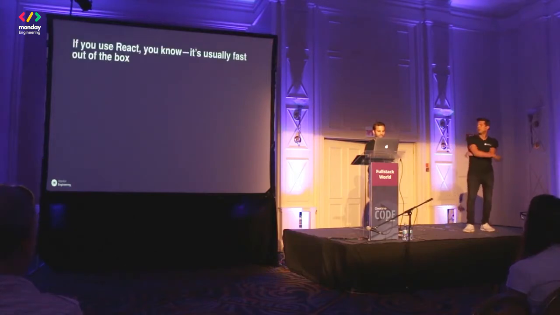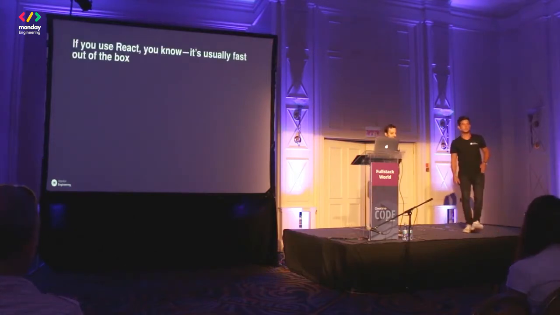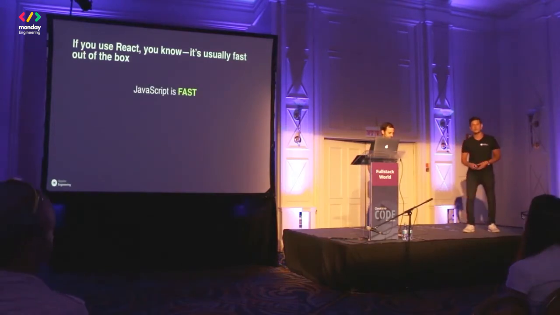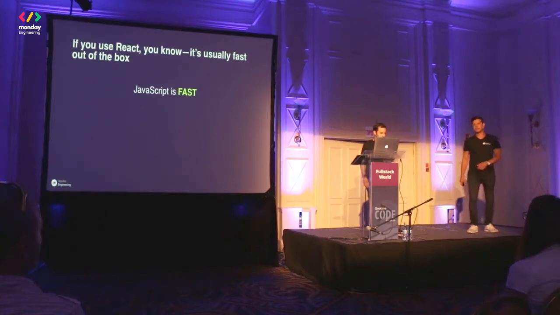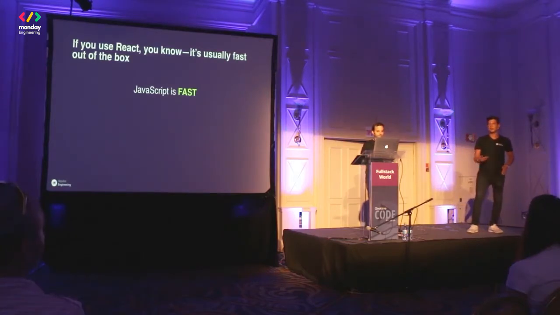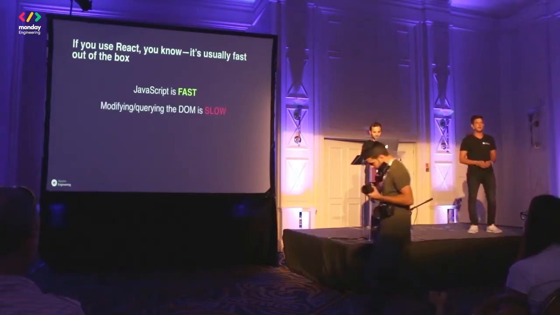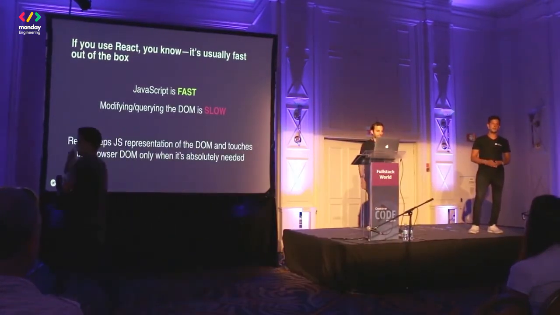Those of you who have experience using React probably know that for most applications React is really fast out of the box. The reason React is fast is that JavaScript is fast compared to modifying or querying the DOM. When you build a React application, you build the components of the application.